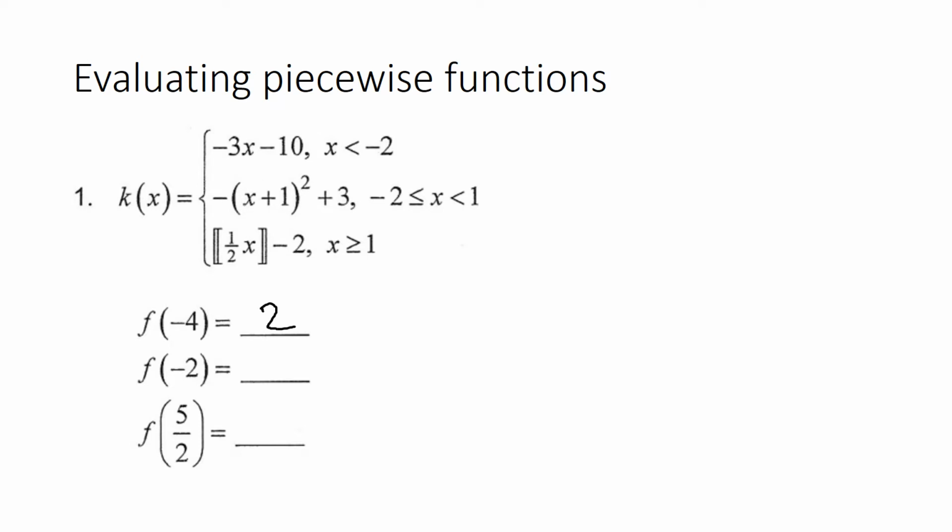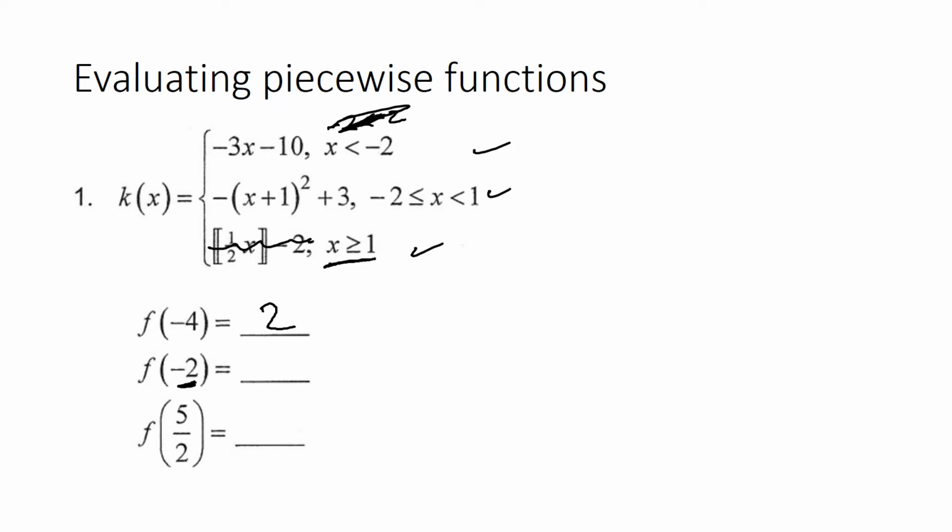So how about the next one? We're saying here that x is -2. Which of these three categories would that fall into? We know that -2 is not greater than 1, and so we would not use this function. We know that -2 is not less than -2.